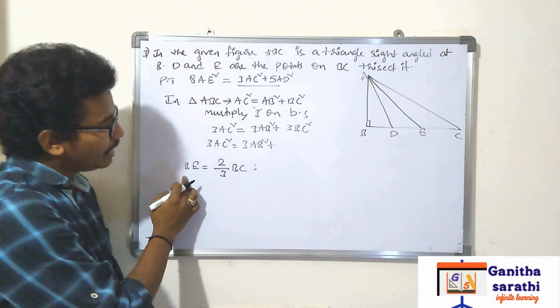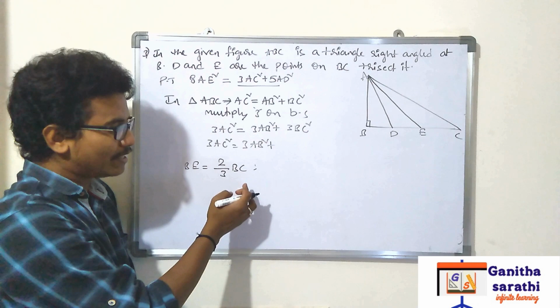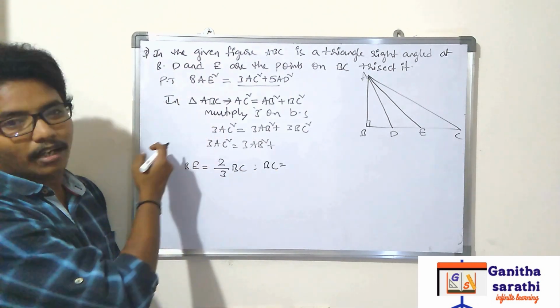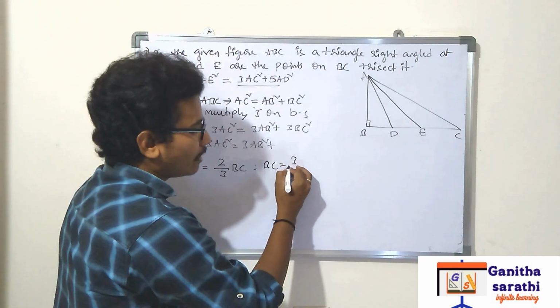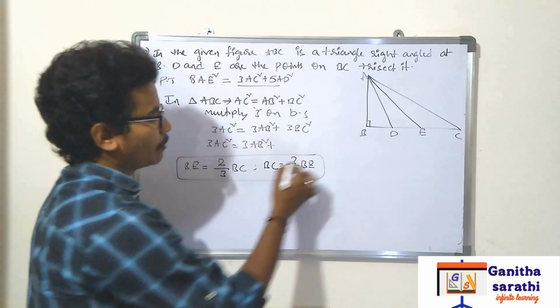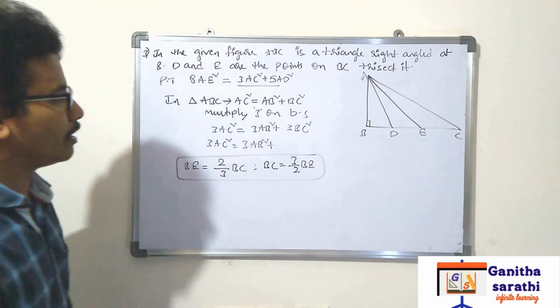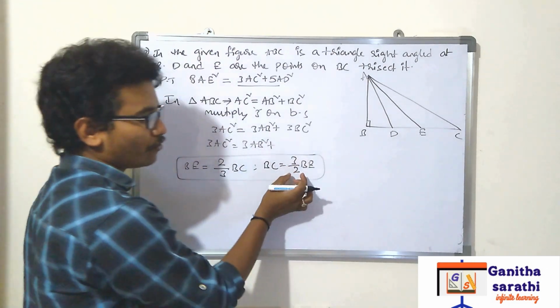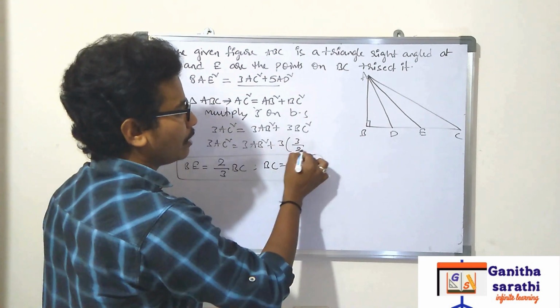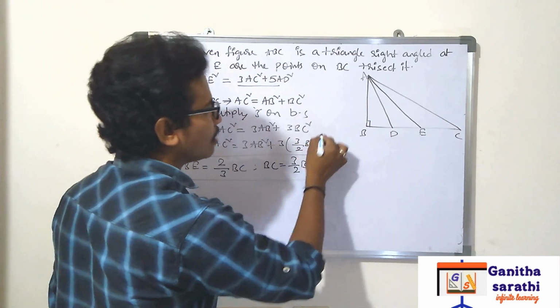Now if BE is equal to 2 by 3 of BC, then make this 2 by 3 go to the left hand side, it will become 3 by 2 BE. Understood? BC is equal to 3 by 2 BE. So in the place of BC, what should you write now? 3 by 2 BE. So 3 into (3 by 2 BE) whole square.